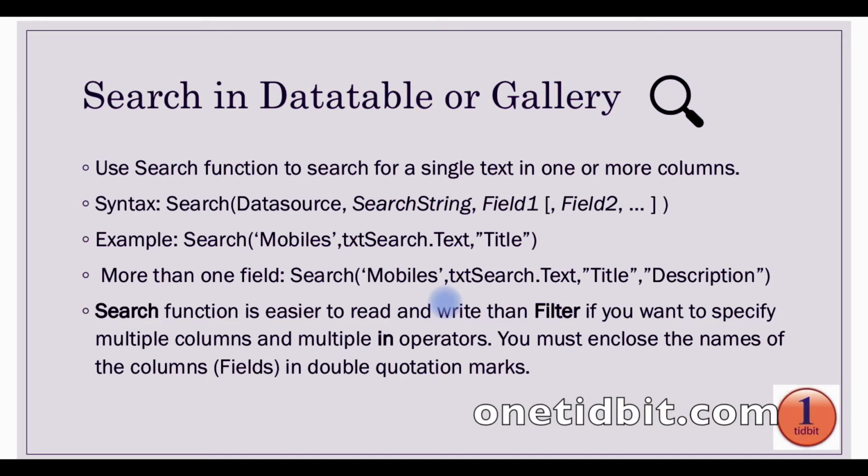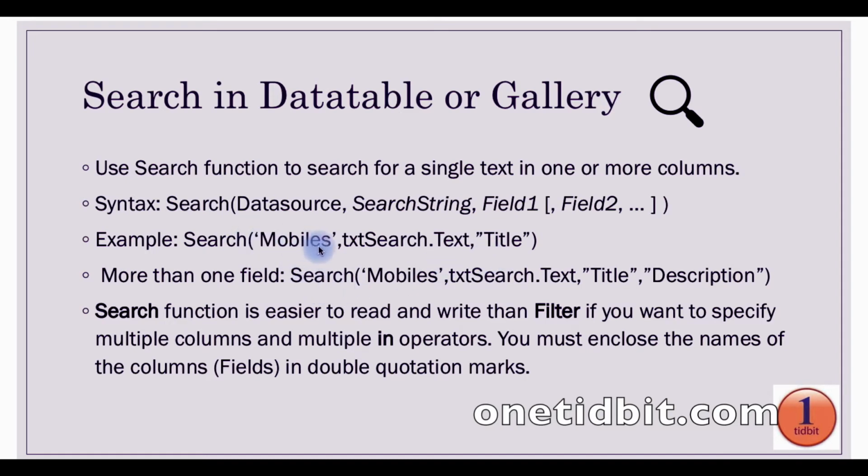If you want to specify multiple columns and multiple operators, you must enclose the names of the columns in double quotation marks. So if anybody asks which is easier, you can always tell them the Search function is easier according to Microsoft.